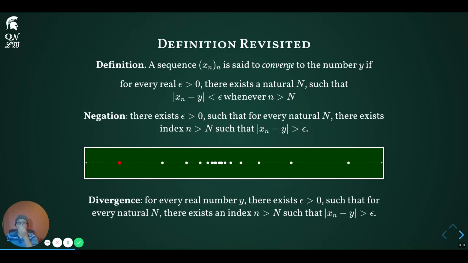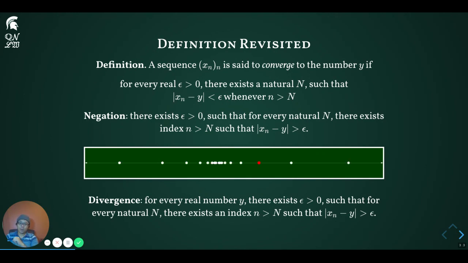As a final point, let's use the negation to formalize what needs to be proven in order to demonstrate that a sequence diverges. Since divergence means that for every target value y, the negation of the convergence statement is true, we can summarize the definition of a sequence to diverge as a sentence with 4 levels of quantifiers.